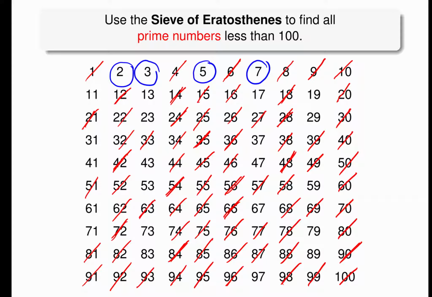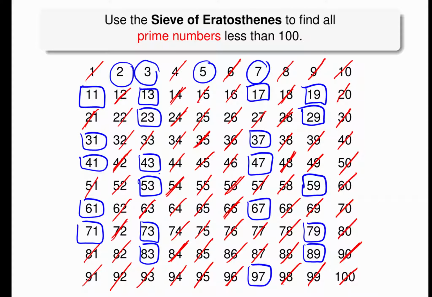But let's stop for a second and think about the numbers that are not yet crossed out. Observe that 10 times 10 is 100. So the square of any number larger than 10 will therefore be larger than 100.